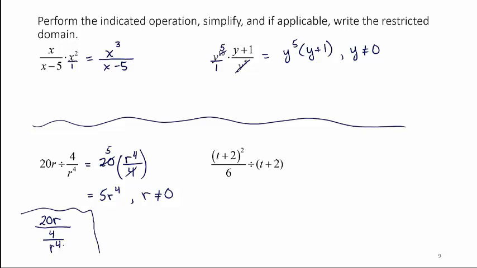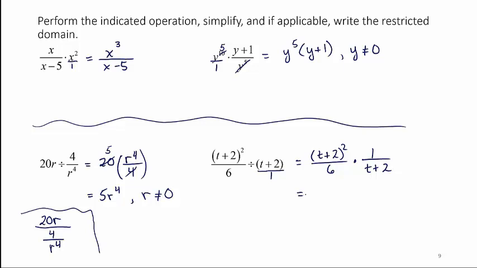All right, so now let's look at this one. Now we've got t plus 2 quantity squared over 6 divided by t plus 2. Okay, now remember that t plus 2 is over 1, right? So if we multiply by the reciprocal of the divisor, we're going to have t plus 2 quantity squared divided by 6 times 1 over t plus 2, right?